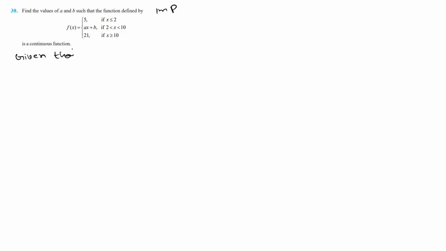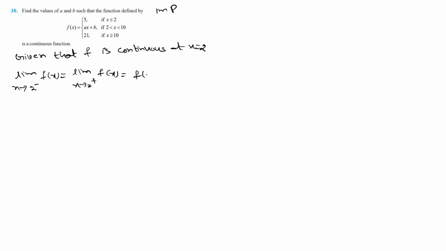Given that f is continuous at x equal to 2, limit x tends to 2 minus f of x is equal to limit x tends to 2 plus f of x is equal to f of 2.